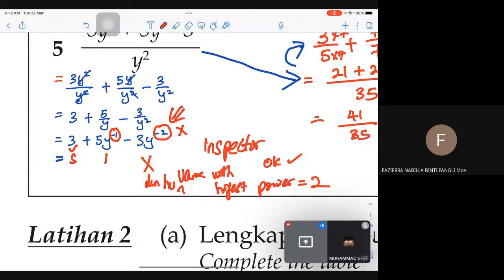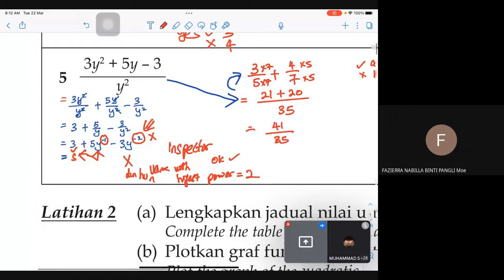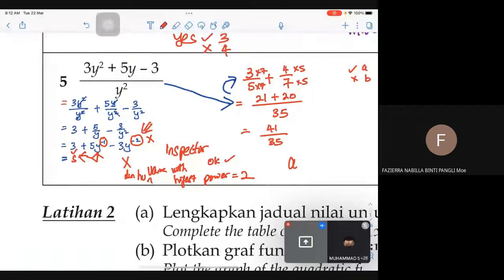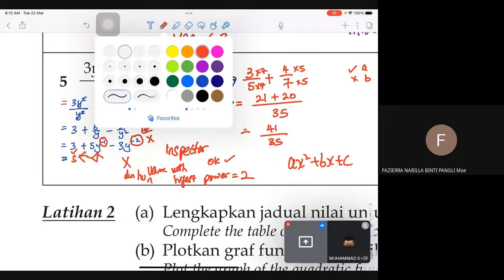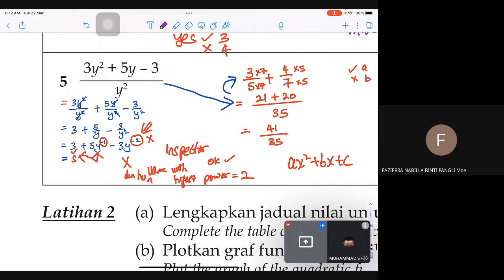And the other two must also follow the standard form of ax squared plus bx plus c. Here, they break the rule in this one and also this one. So if either one is not fulfilled, it's not a quadratic equation.